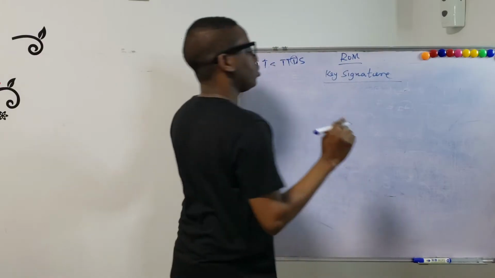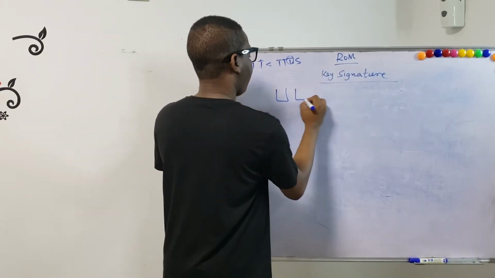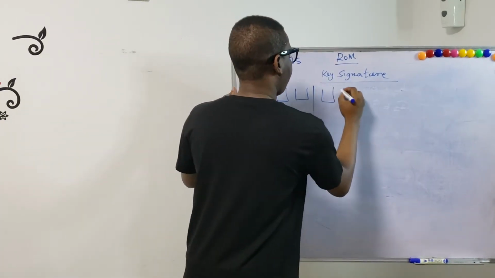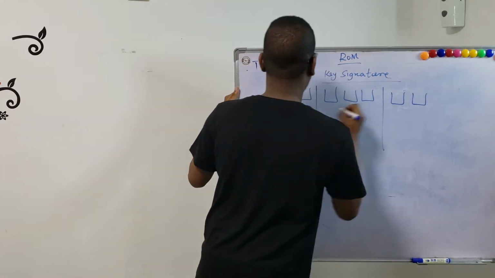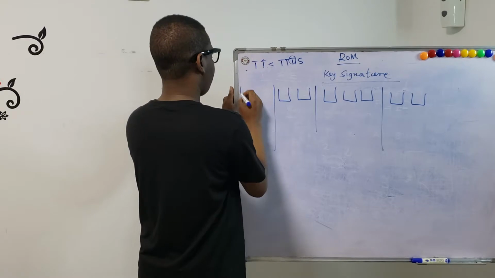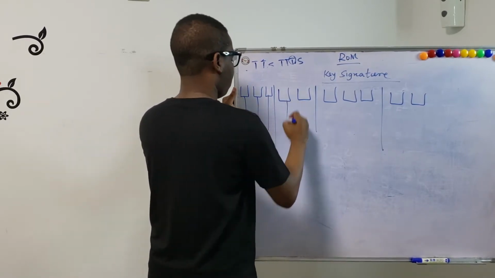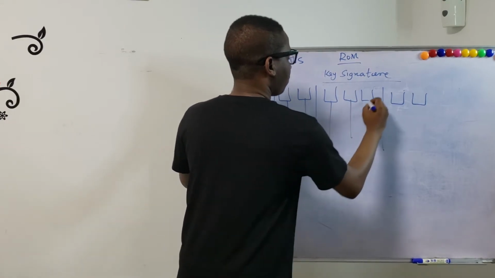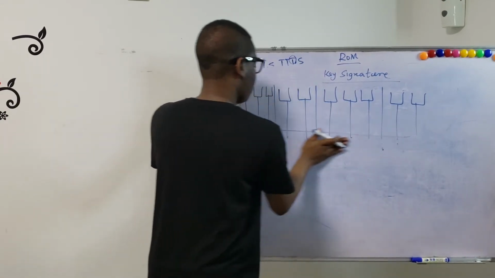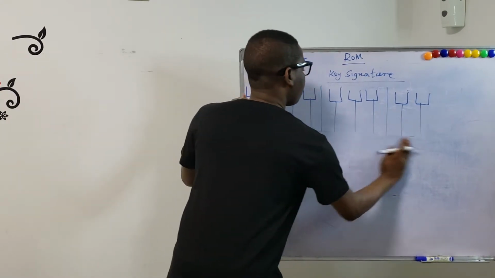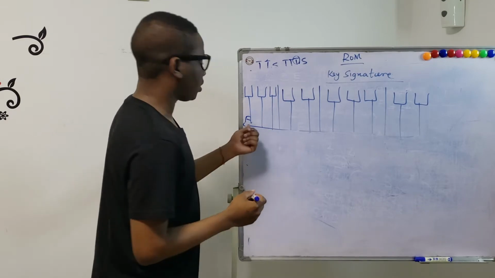Let's look at it. So I'll draw the dummy keyboard once again. Okay, this is F. Now let's calculate.